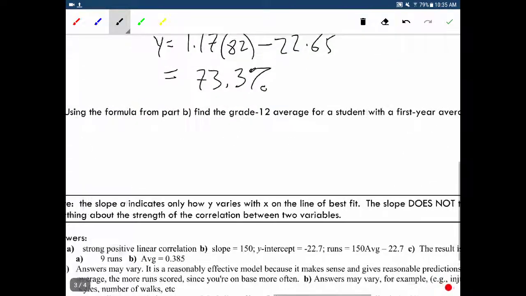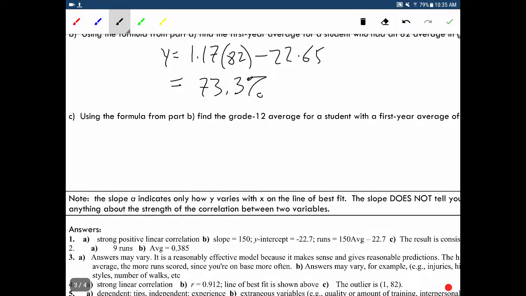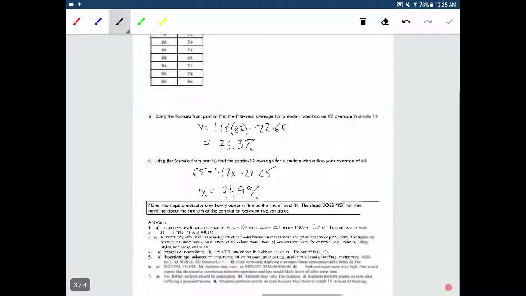And if we use it for the other one, so we're subbing in 65 as y, 65 equals 1.17x minus 22.65, and we solve for x, we would get 74.9.